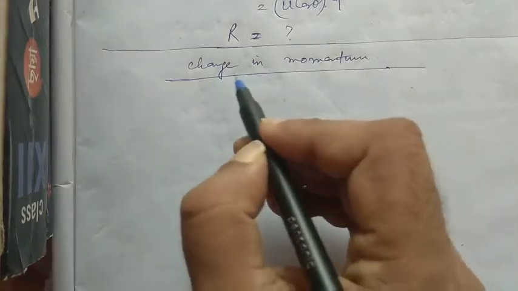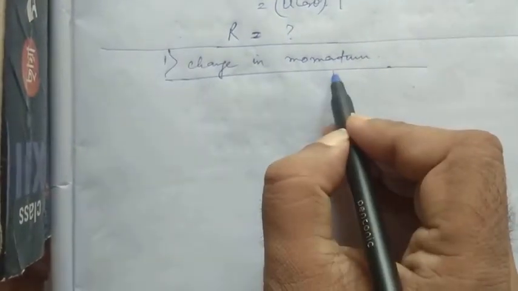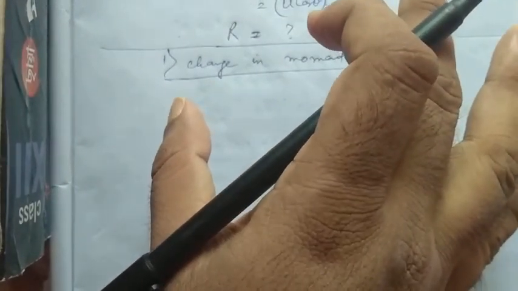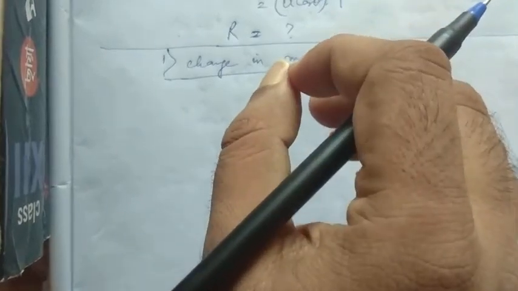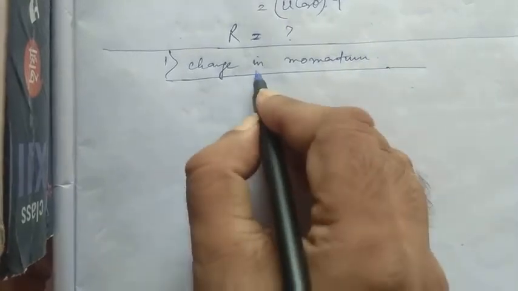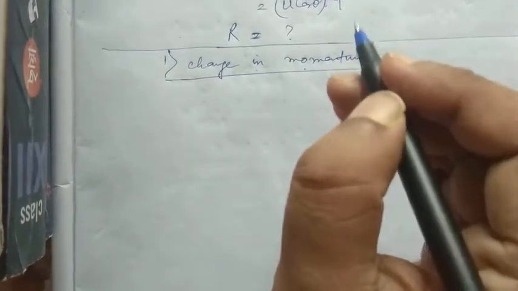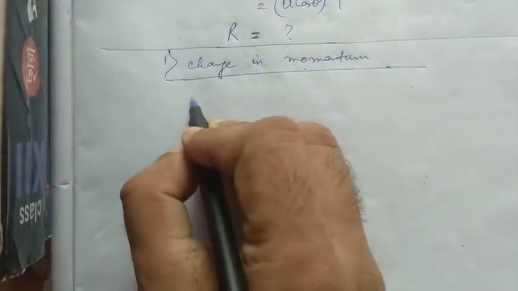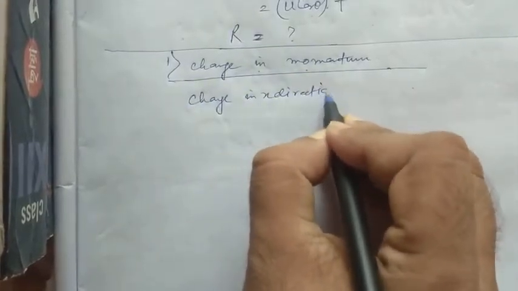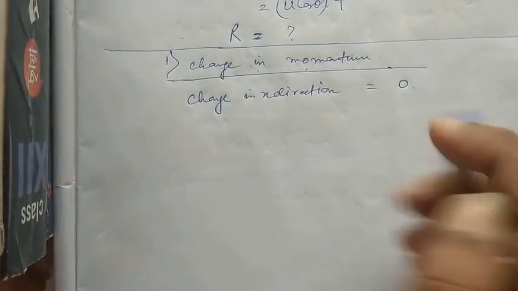A few more points about the projectile. The first case we take is the change in momentum. Now all the theory that we have discussed about the projectile is without air resistance. So for a change in momentum, we have to consider the change in momentum along the x direction and along the y direction. Now the change in the x direction is 0 because the velocity in the x direction does not change.